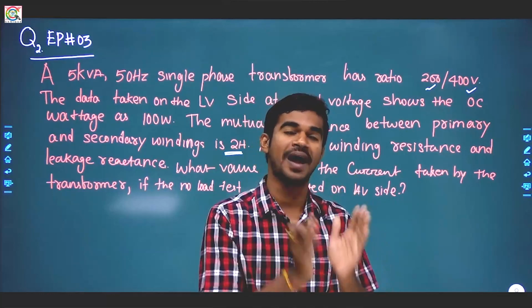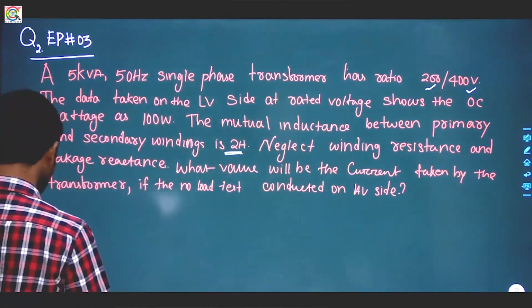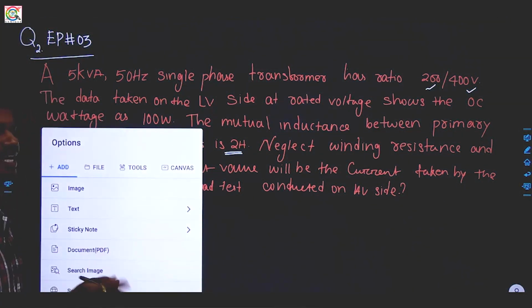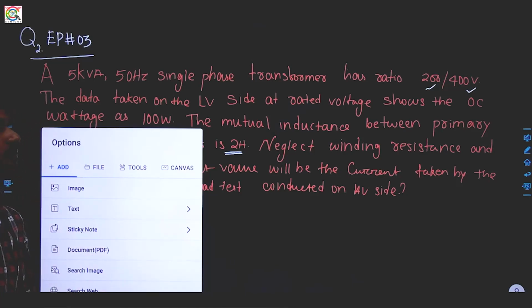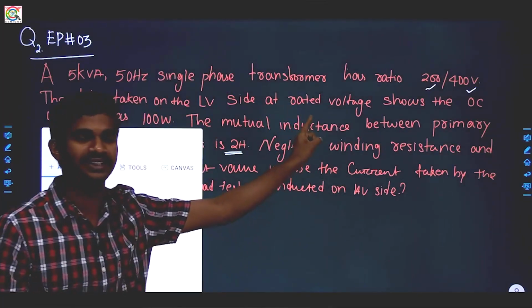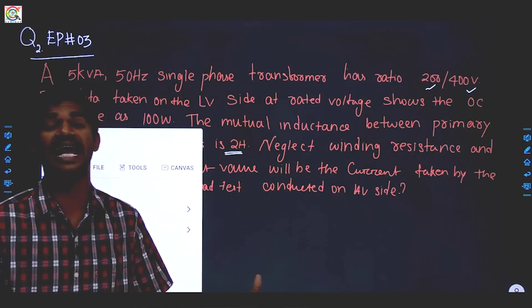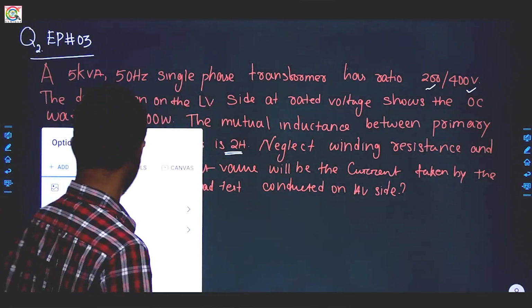So we have to find the ammeter reading. You have to draw the equivalent circuit for the open circuit test when the test is conducted on the LV side, first case. But we have to find the result when the same test is conducted on the HV side. Are you getting my point?